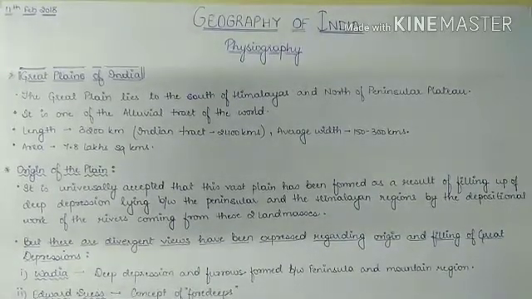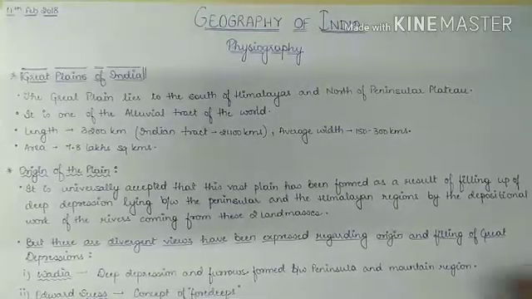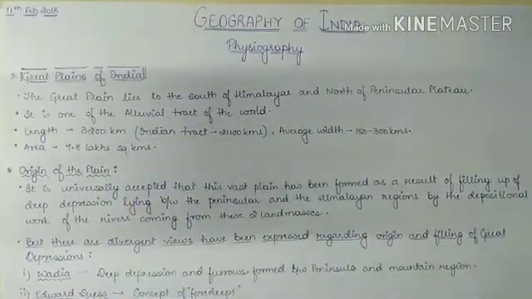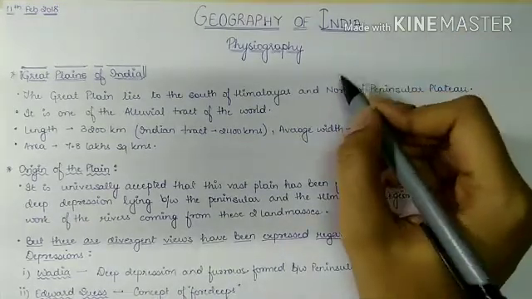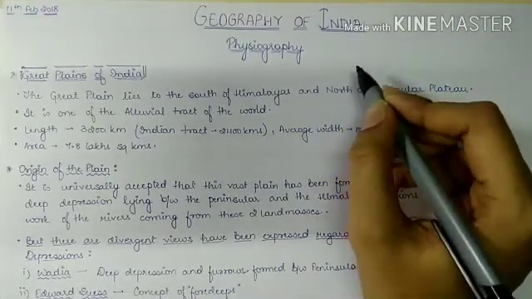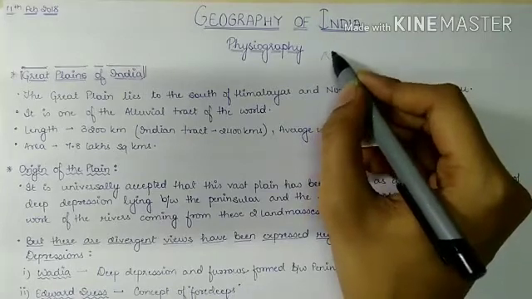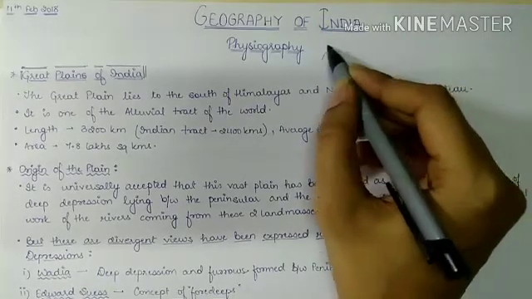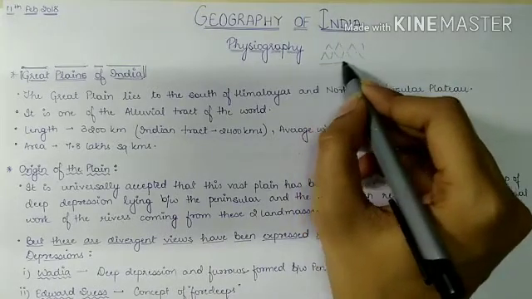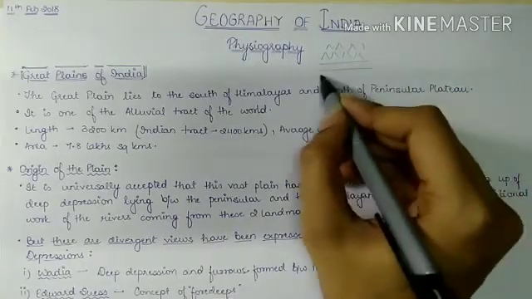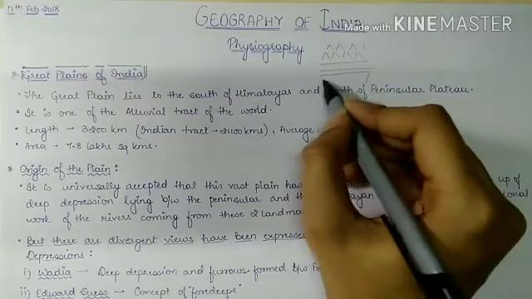So in Geography of India we are going to discuss the Great Northern Plain of India. These plains lie in the south of the Himalayas and north of the Peninsular Plateau. These are the Himalayan ranges, and towards their south this is our Peninsular Plateau.